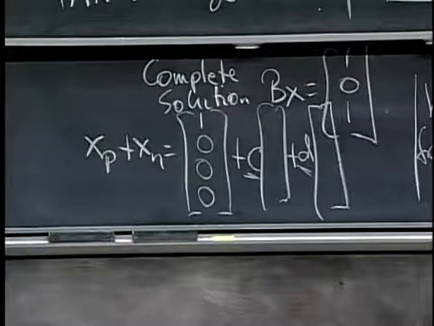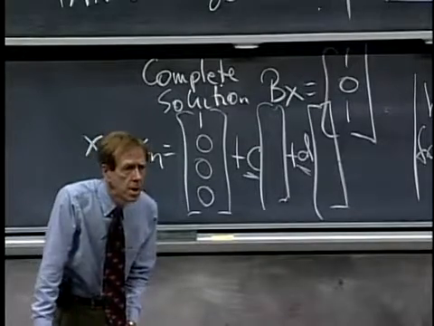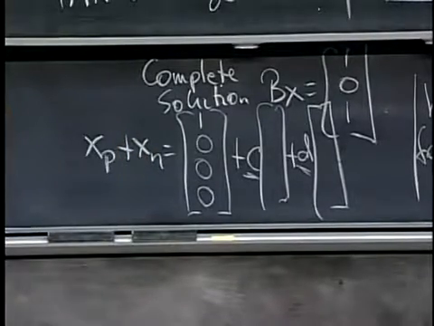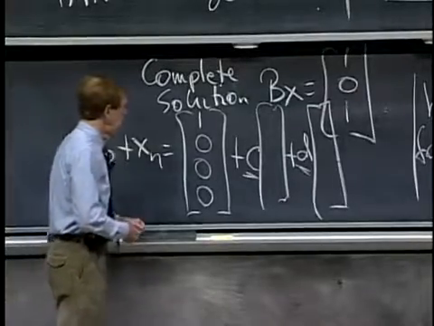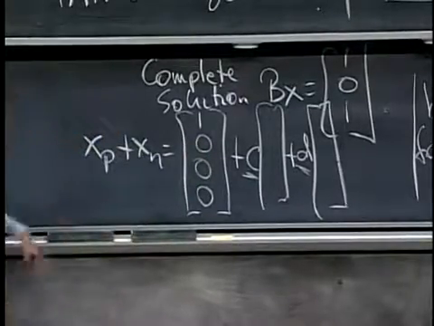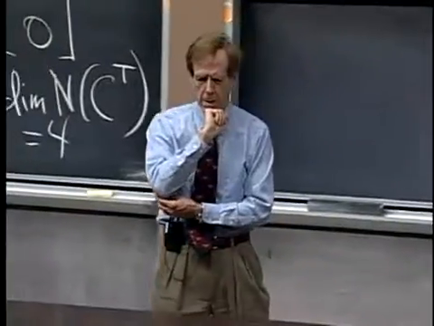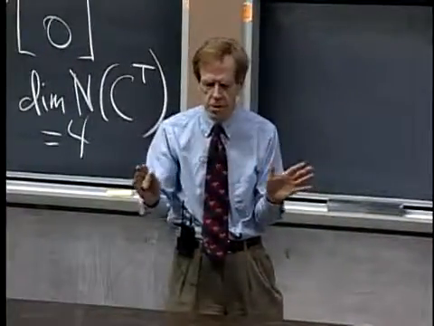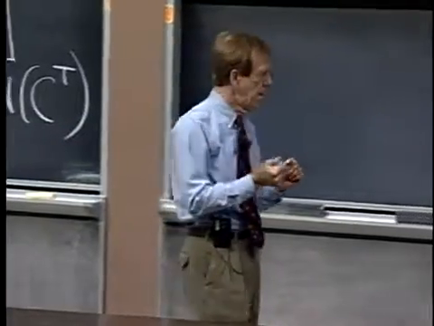Is there only one particular solution? No, not at all. This is a nice one, but any solution could be the particular solution. Any of the solutions can be the particular one that we pick out.